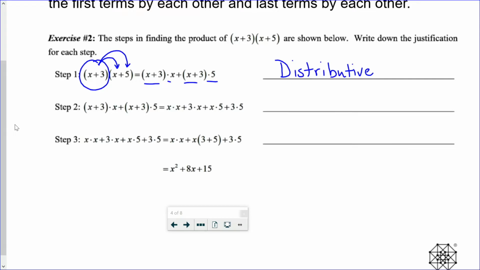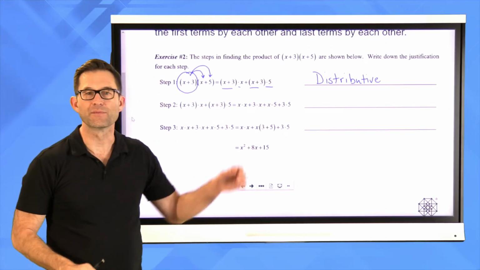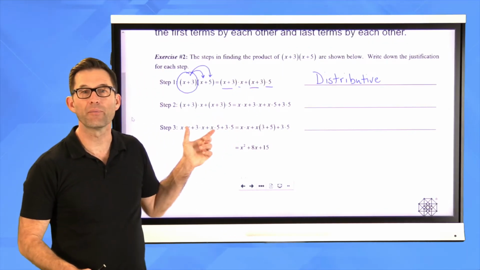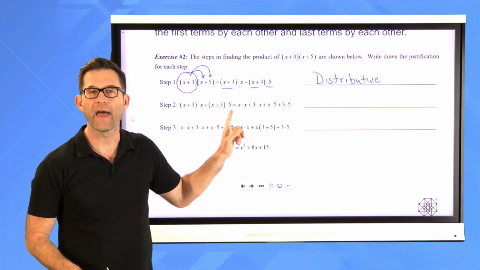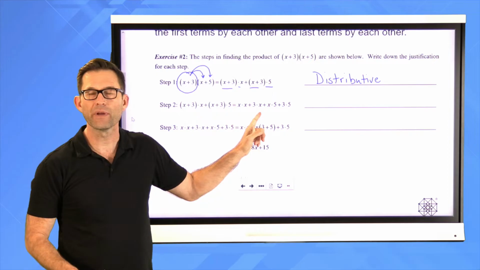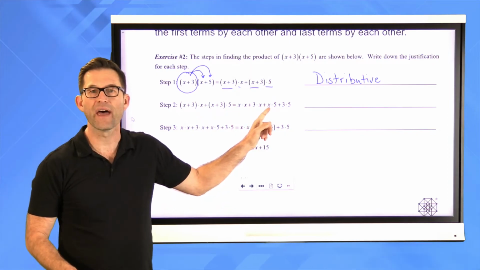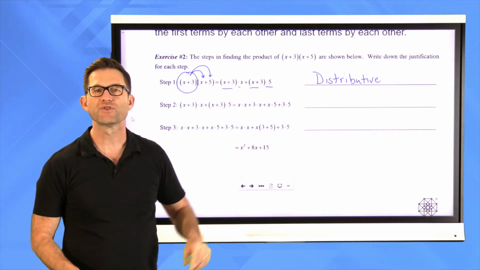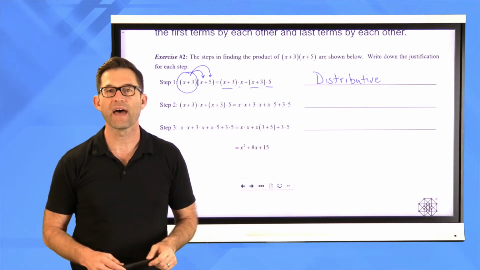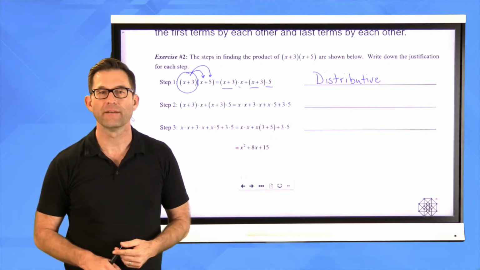Now, in step 2, like all of these problems, this has just been reproduced down here. And now I've got x times x plus 3 times x plus x times 5 plus 3 times 5. So what justifies that? What allows me to do that?